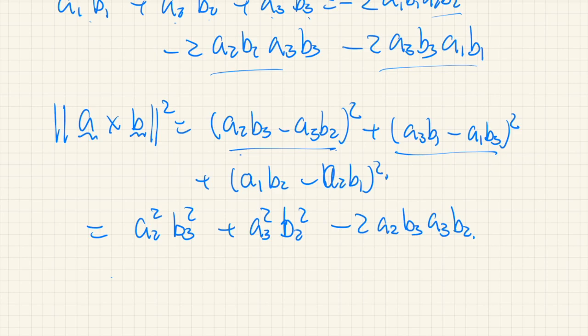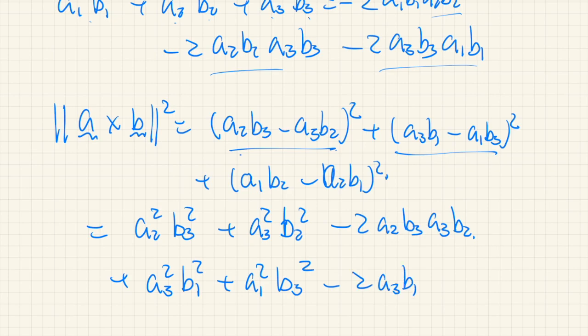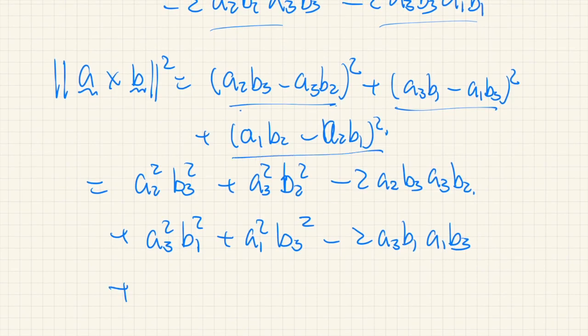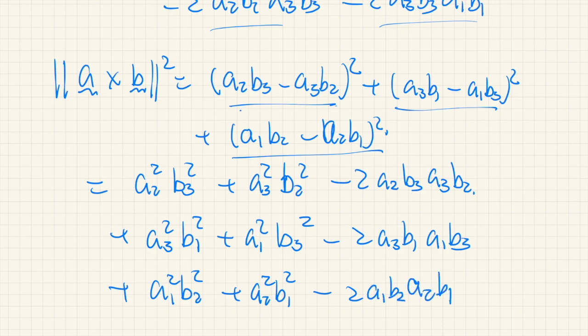Then A3 squared B1 squared plus A1 squared B3 squared minus 2 A3 B1 A1 B3. And from the third component, A1 squared B2 squared plus A2 squared B1 squared minus 2 A1 B2 A2 B1.